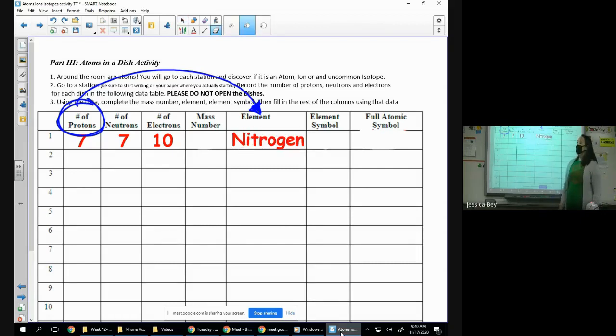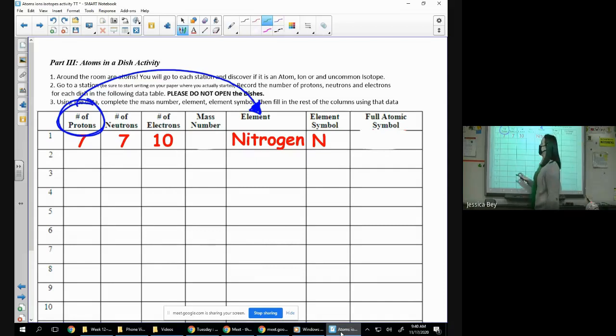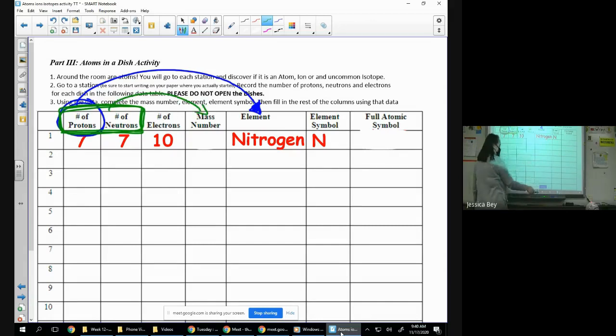Nitrogen. And just to get you used to using the symbols, the symbol for nitrogen is N. Perfect. Now, a lot of people just want to take the mass off the periodic table, but whoa, we have to calculate the mass. Remember, the two things that are in mass are protons and neutrons, so you take these two columns, 7 and 7, which gives me a mass number of 14.